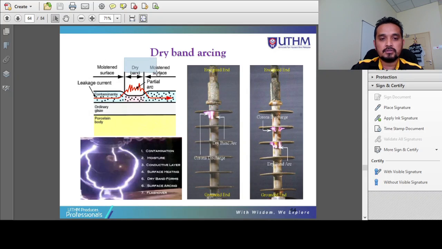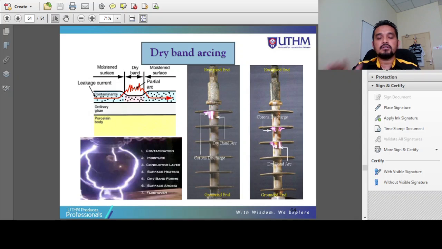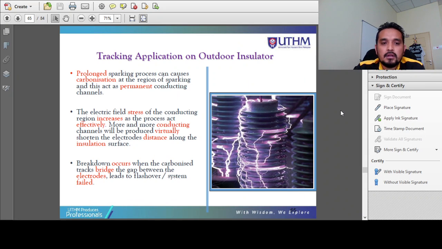So this is what we call dry band arcing: the discharge activity due to the dry region on the surface of the insulator. Prolonged sparking, as I explained, will lead to a permanent conduction channel, and with the electric field it will eventually lead to breakdown. This is what we call total breakdown, flashover over the insulator, and that will lead to the failure of the insulator.